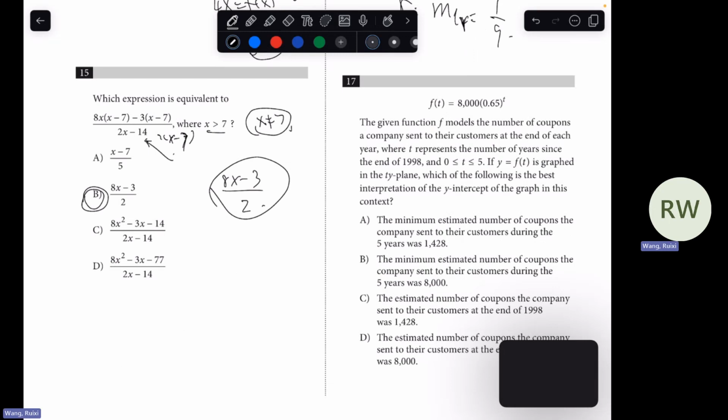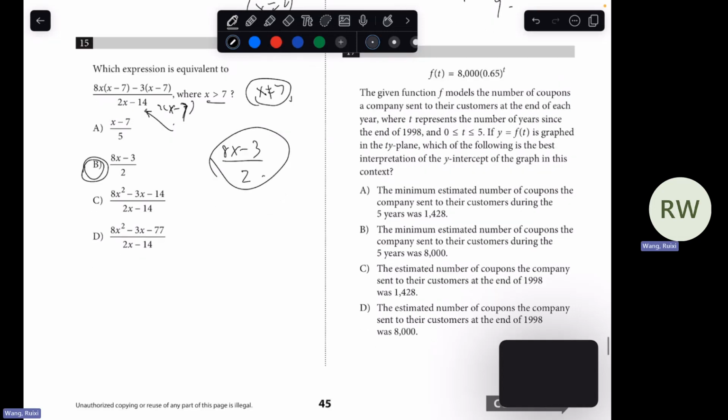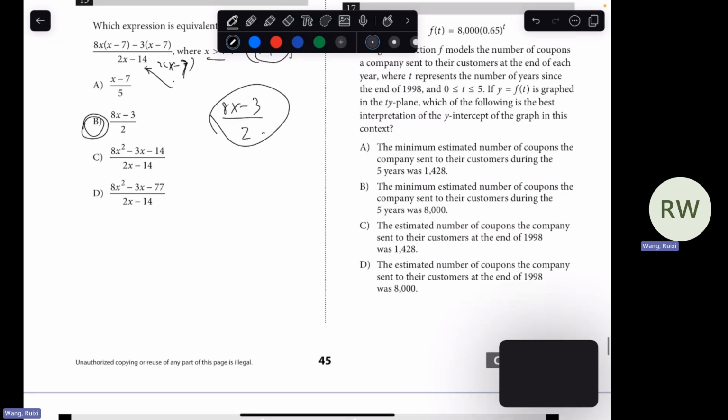Okay, this models the number of coupons the company sends to its customers at the end of each year, where t represents the number of years since the end of 1998. So if we graph this, let's try to graph it. Okay. This is a word problem.